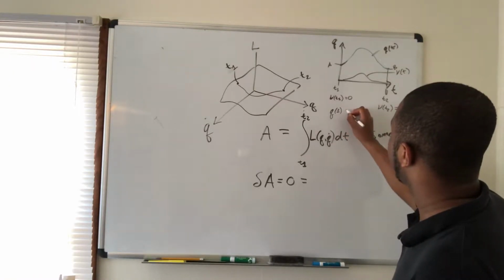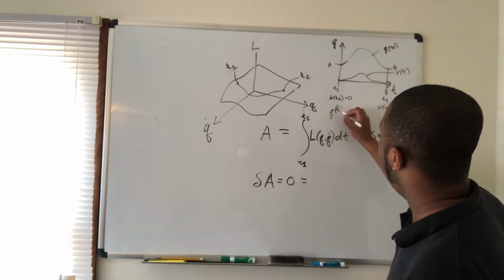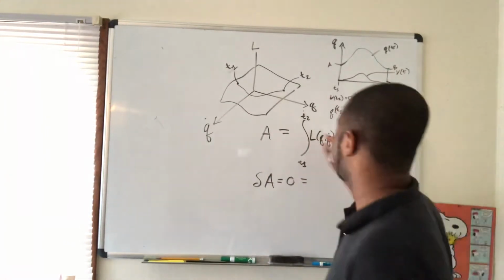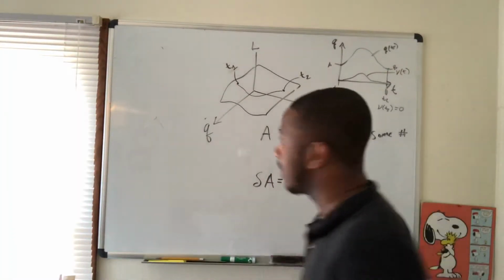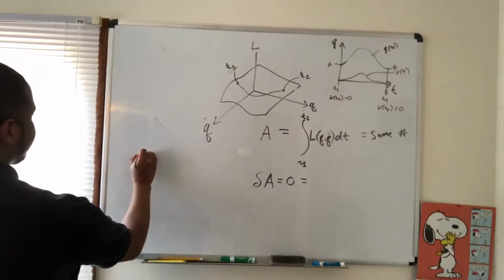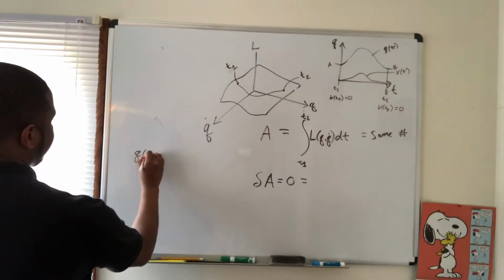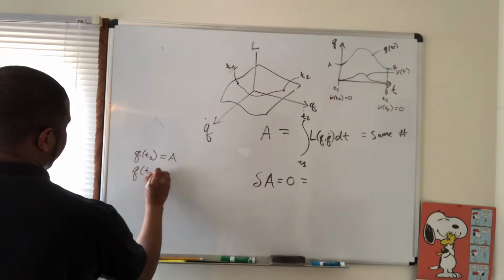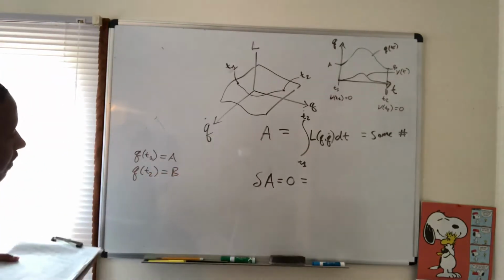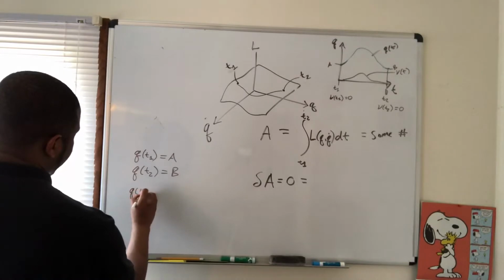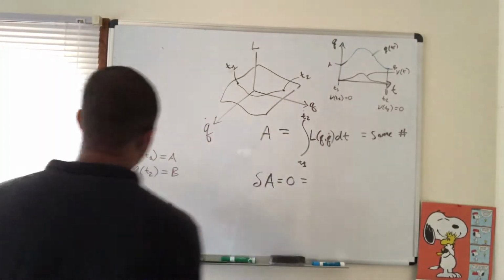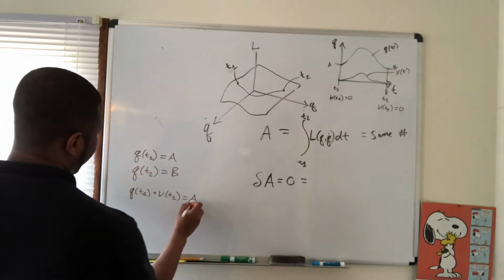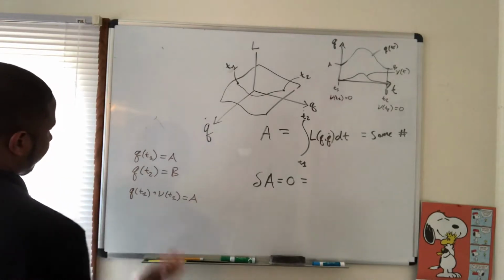So q at t1 equals a. Here, let's write it over here, just so we make sure we understand the concept. We're saying q at t1 has to equal a, and q at t2 has to equal b. So if we then add that v at t1, and it still has to be a, then this has to be 0, right?